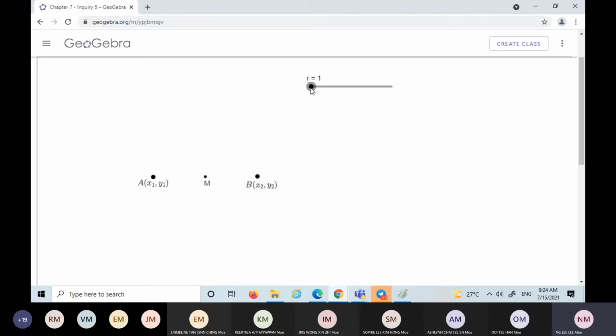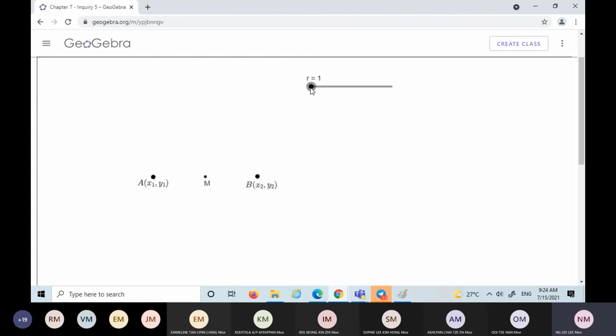And this one you have learned during your Form 3. Imagine you have 2 fixed points and then you have a moving point that has equal distance. When the ratio is 1, it means the distances are the same, equal distance from the 2 fixed points.